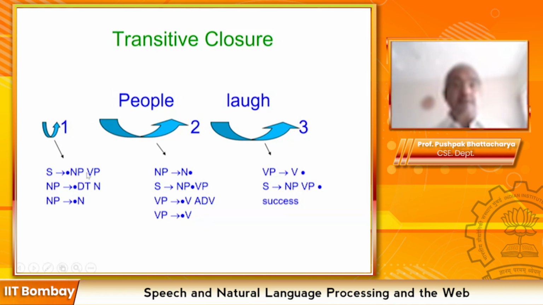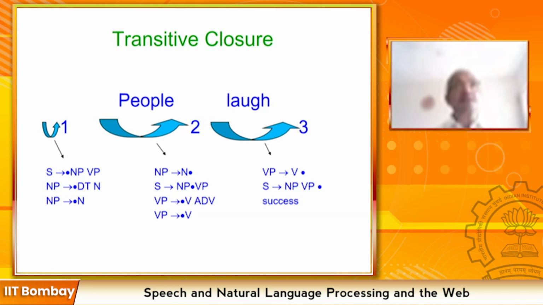Rule application has happened. And this is called transitive closure, where everything that the dot demands is brought onto the chart, onto the computational process in anticipation. Okay, so this is the top-down part.